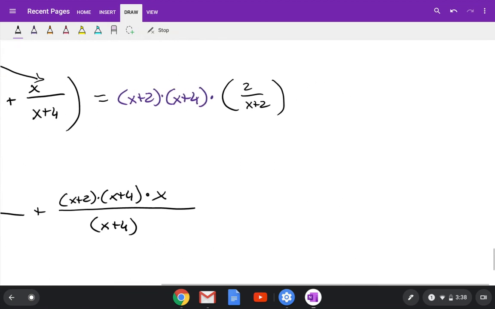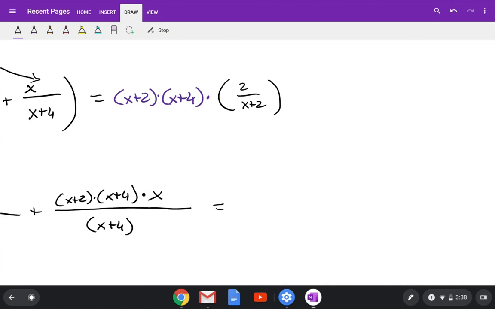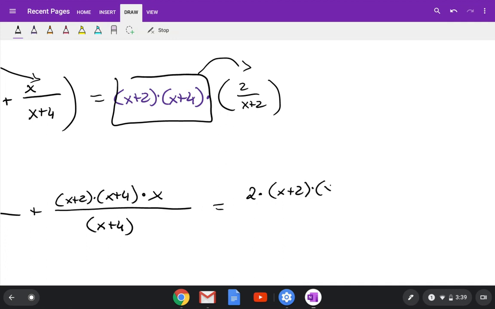And on the right side, take that LCD and just multiply by the numerator. So I would just write 2 times x plus 2 times x plus 4 over x plus 2.